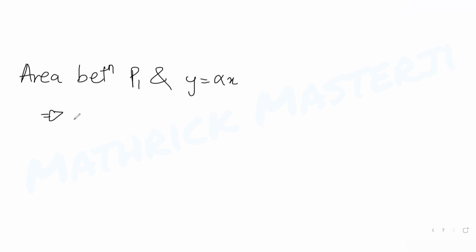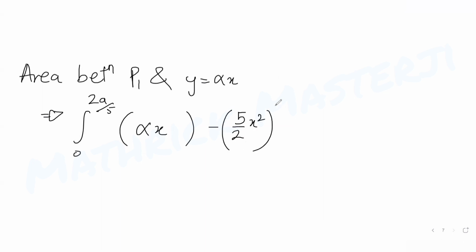The limits are 0 to 2 alpha by 5, and the upper curve in this case is the line, alpha x, minus the lower curve, which is 5 by 2 x square, with dx.